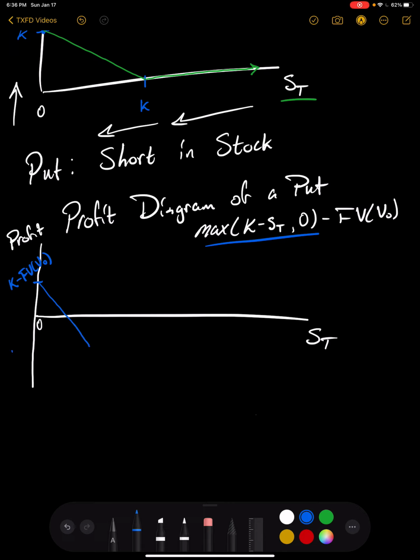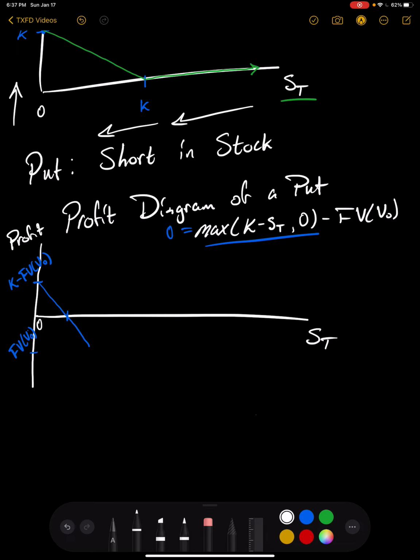So this point down here is the negative future value of our initial cost, until we cross over into the positive axis. We cross over exactly when the strike price is equal to the stock price plus the future value of the initial cost, and that's when the profit is equal to 0, right? That's this point here. It's better to show it as what the stock price would be.